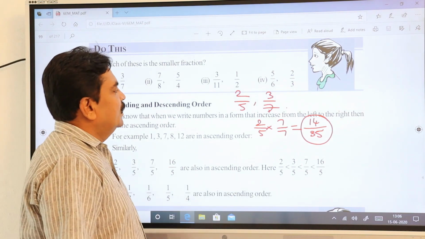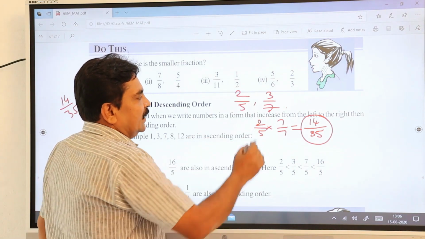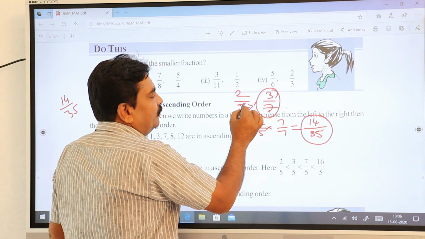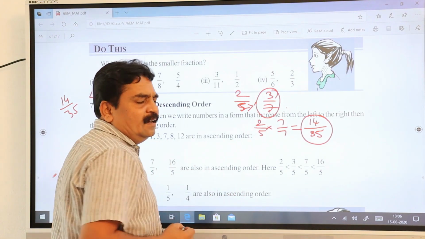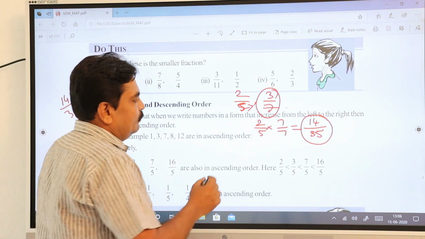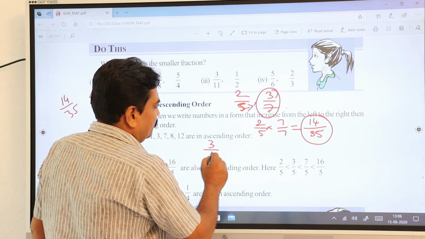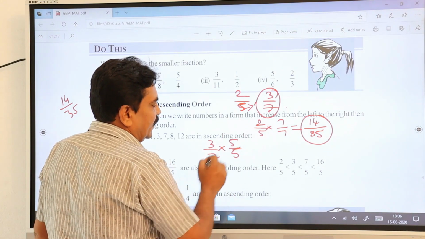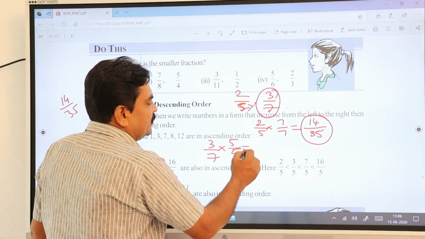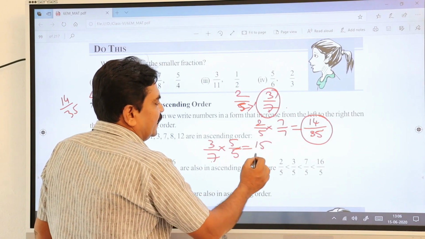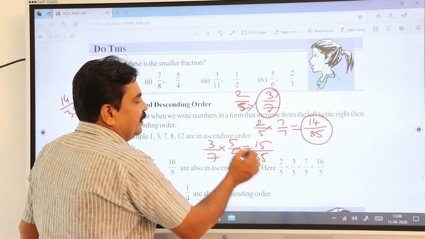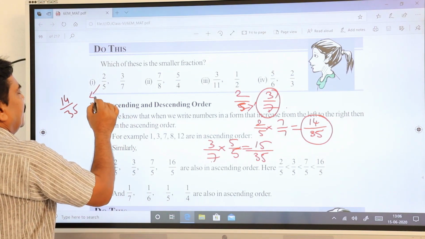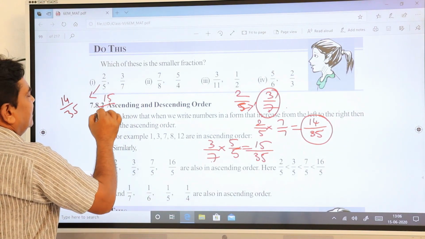Now for the second fraction, you multiply and divide by 5, the denominator of the other fraction. So 3 by 7 into 5 by 5. 3 5s are 15, 7 5s are 35, 15 by 35. So the other value you got is 15 by 35.